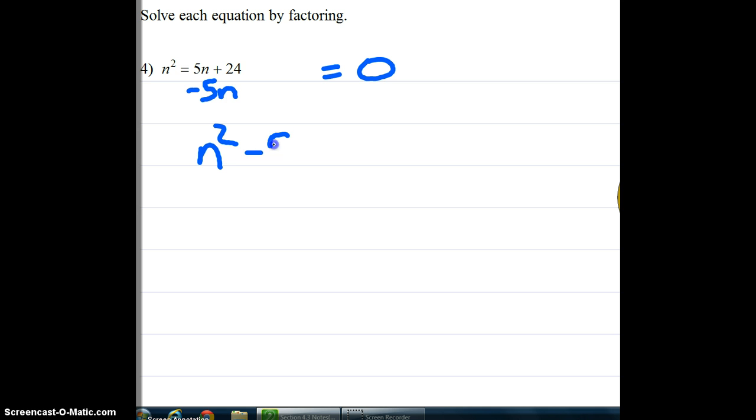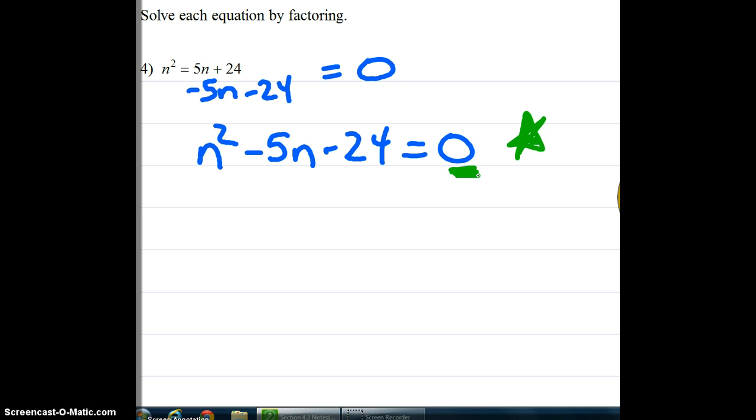So we would subtract off 5n, and we'd subtract off negative 24 from the right-hand side. Once you have that step, again, highlight it in your notes. That's very important. It must equal 0 in order to factor and then set each factor equal to 0.